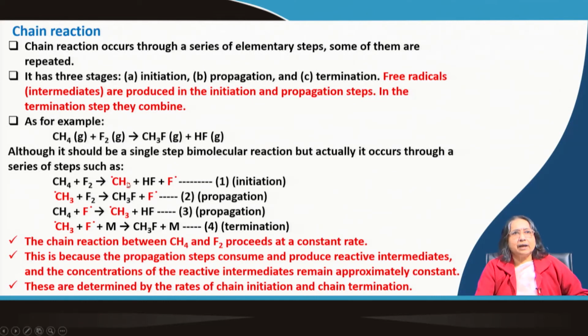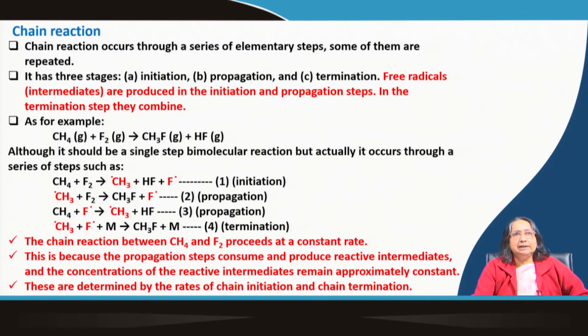The important thing is that the chain reaction between methane and fluorine proceeds at a constant rate. Why? Because these propagation steps both produce and consume the intermediates.